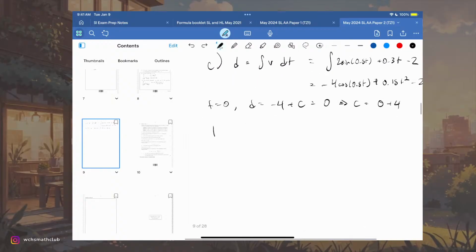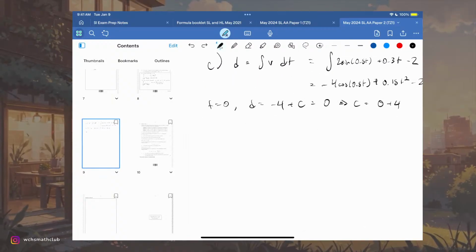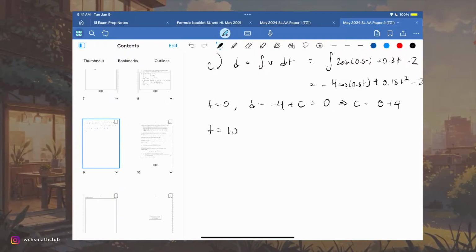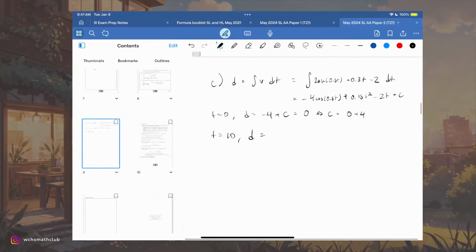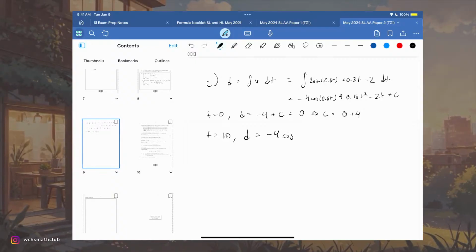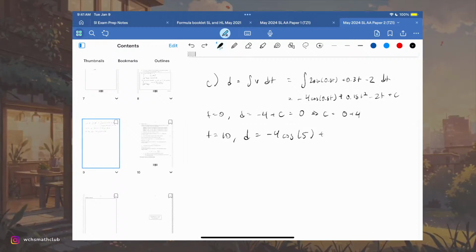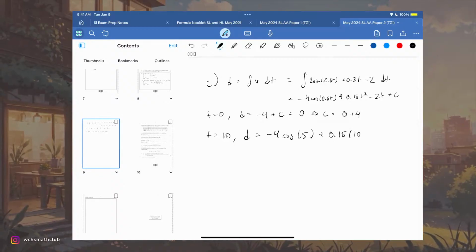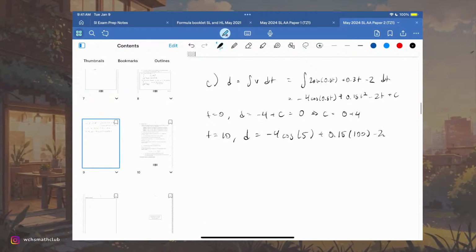So at t equals 10, d equals, and then we plug this into your calculator, so negative 4 cosine 5 plus 0.15 times 100 minus 20 plus O plus 4.